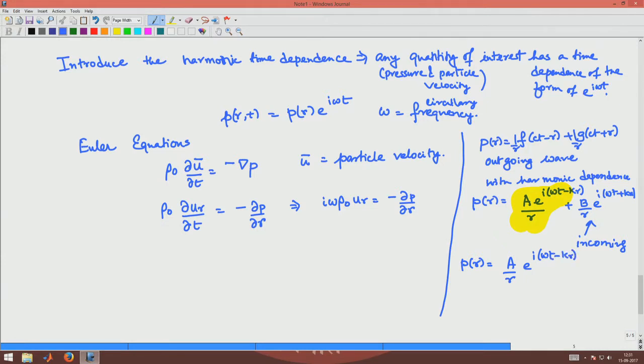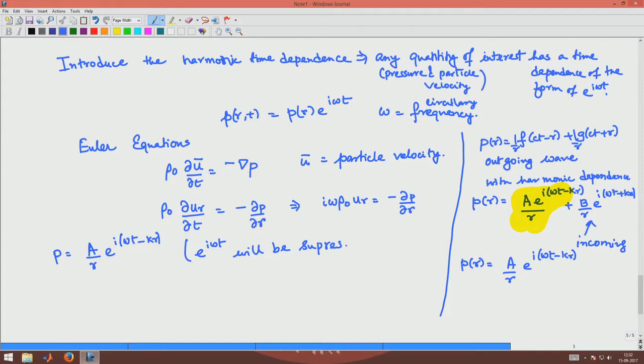So, when we make this substitution, we calculate del p del r. e to the power i omega t will be suppressed from here on, because this is in consonance with what we did earlier for plane waves.